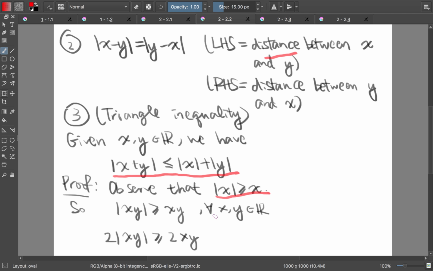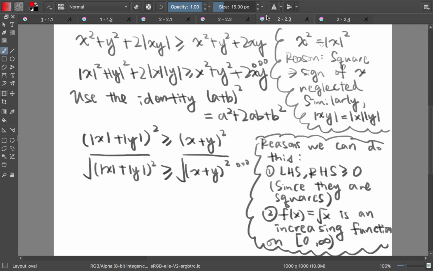And so, given two real numbers x and y, we should expect that the absolute value of x times y is greater than or equal to x times y. So, what we do next is to multiply both sides by 2. And after multiplying both sides by 2, we add x squared plus y squared to both sides.